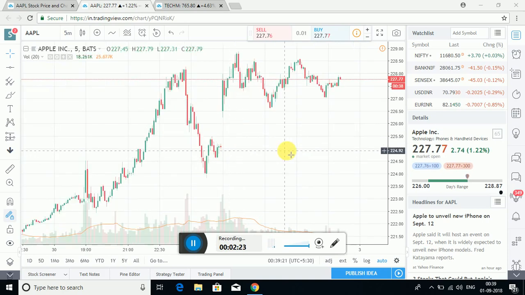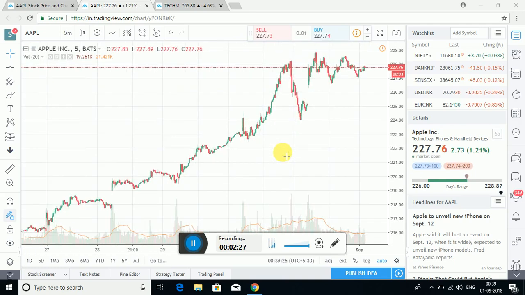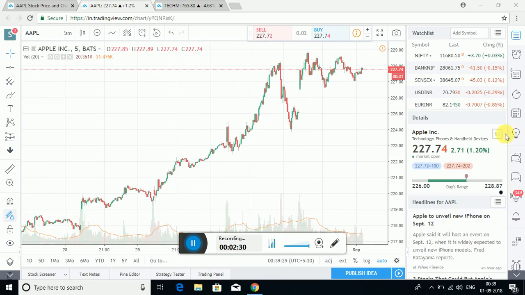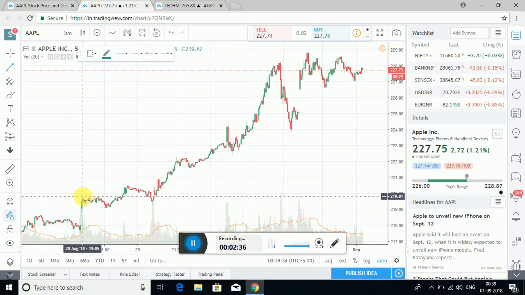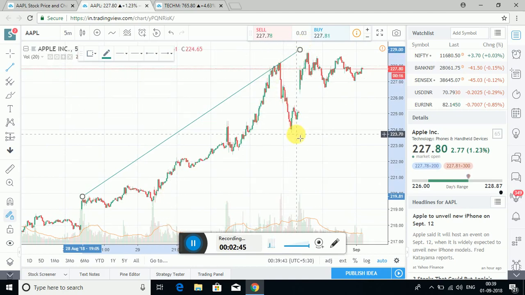Now, what we need to do is first visually look at the overall trend of the stock. As you can see very clearly, the stock is in an overall uptrend. The stock is making higher highs and higher lows, and suddenly it dropped down right over here.